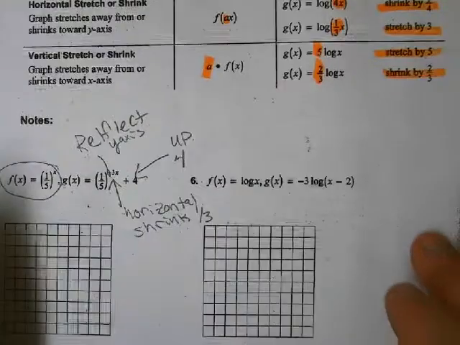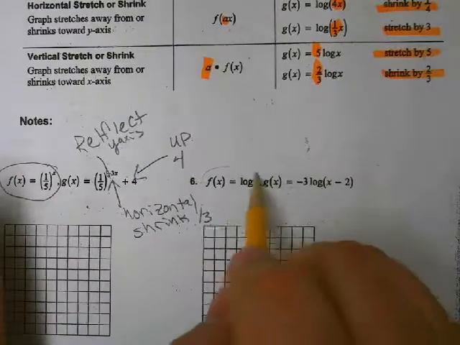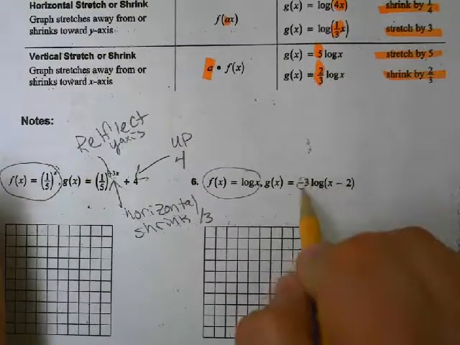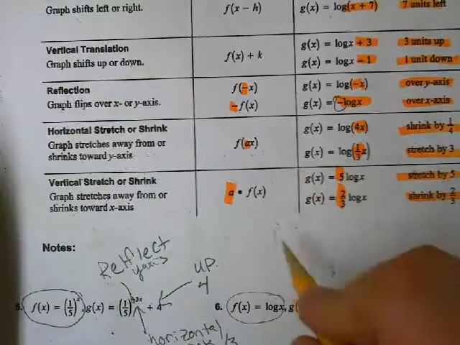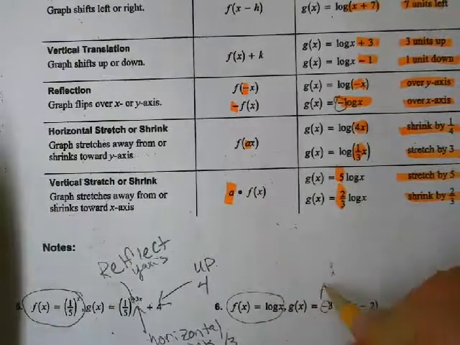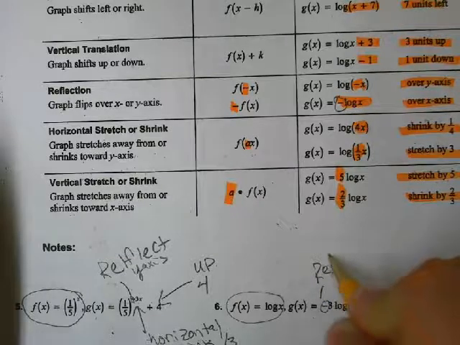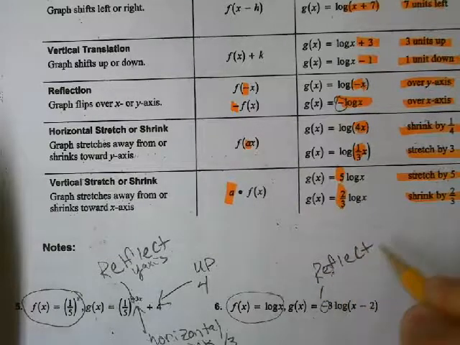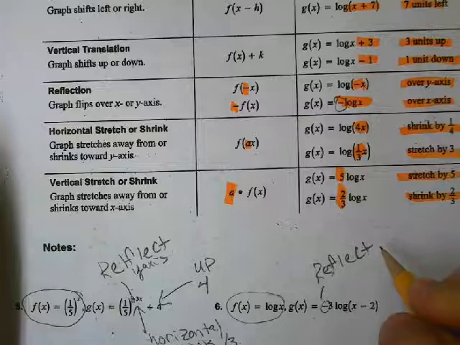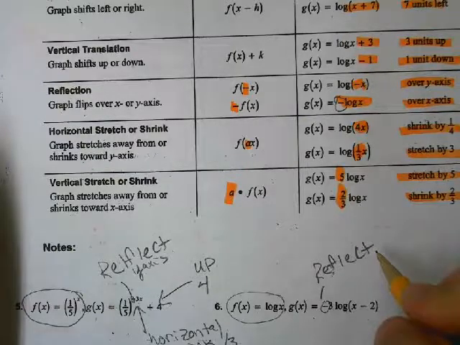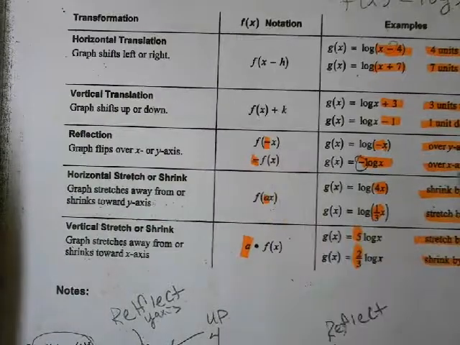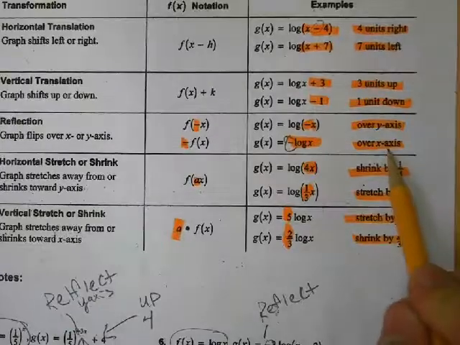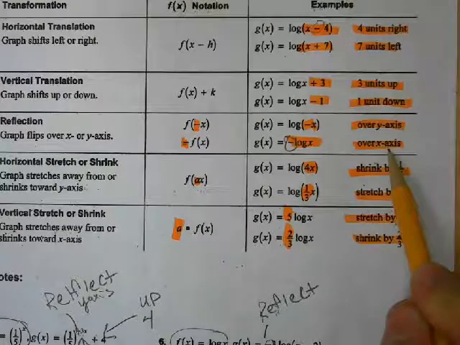Now log functions, this is our parent function here. What's this negative do? It's going to be a reflect over the what axis? X or Y? If I go up here, I notice that it's outside, not by the x, so it would be over the what axis?